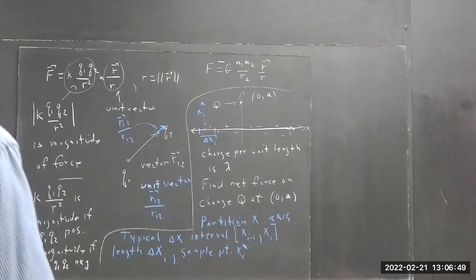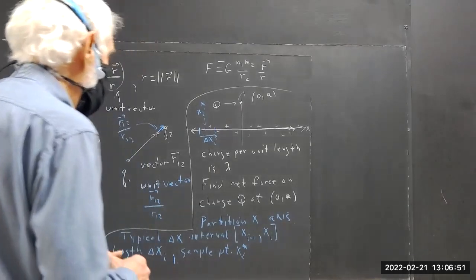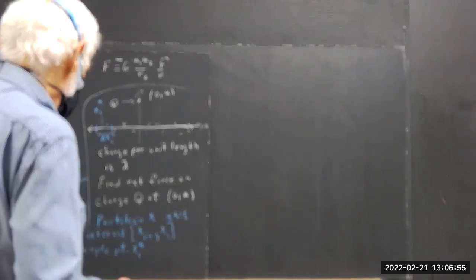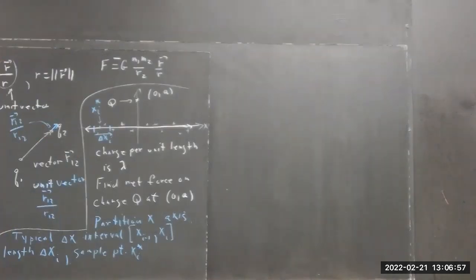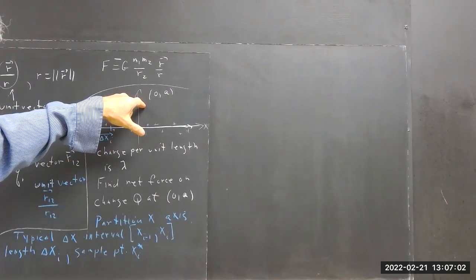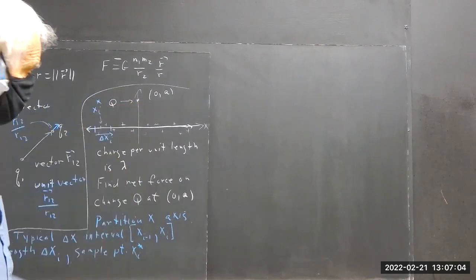It took us a little too long to get to this, but the question was, how much charge is there? How are we going to calculate the force due to this interval on this charge?